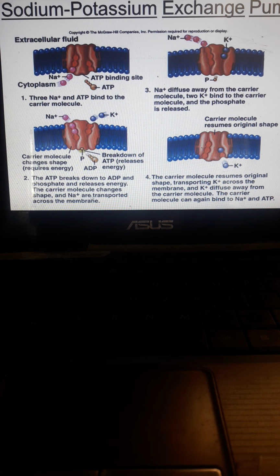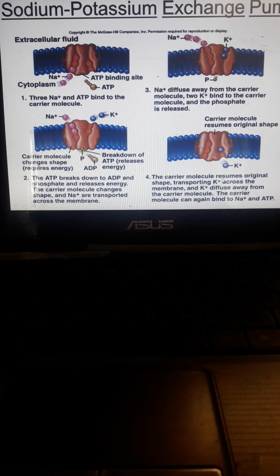The carrier molecule changes shape, and sodium ions are transported across the membrane from the intracellular to the extracellular environment of the cells. When sodium diffuses away from the carrier molecule, 2 potassium ions bind to the carrier, and the phosphate group is released.